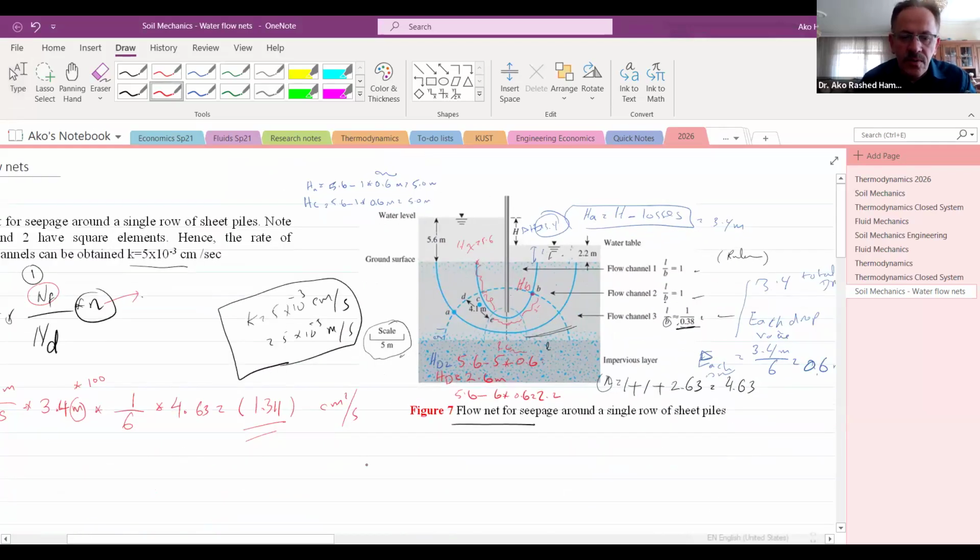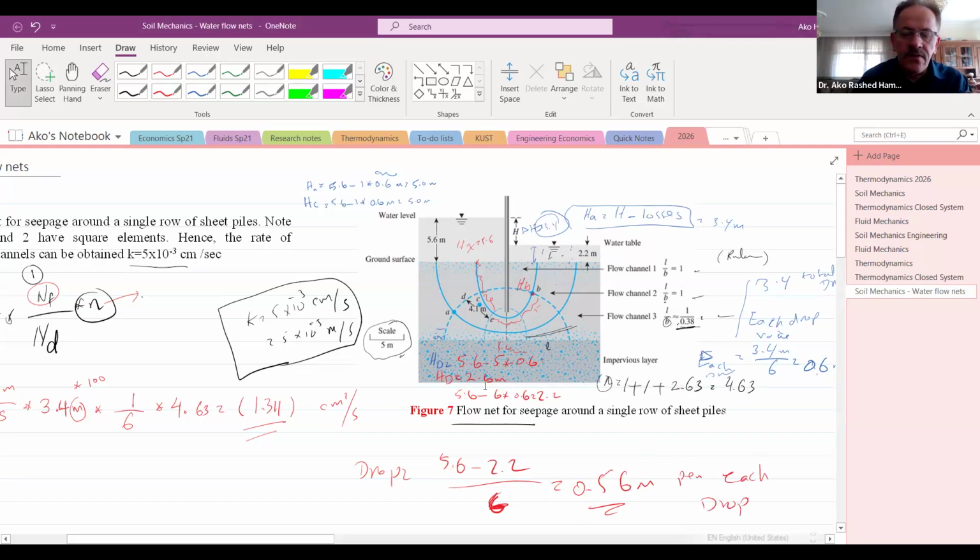The drop will be 5.6 minus 2.2 divided by 6. How much is that? 3.4, right? Divided by 6. It's 0.56, not 0.6. So that is the meter per each drop.